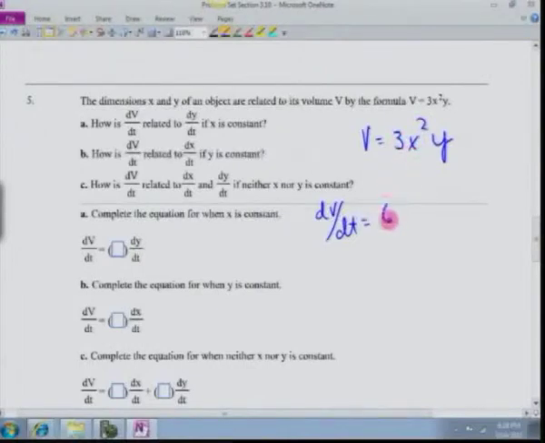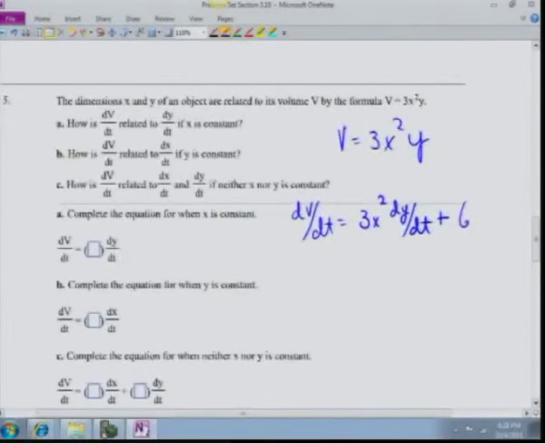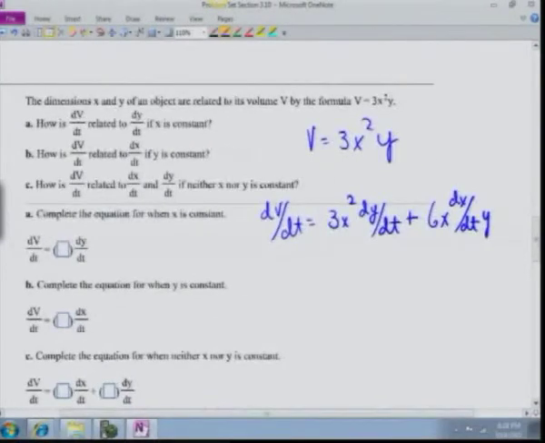We have 6x, well, we'll do it that way. 3x squared dy/dt plus 6xy dx/dt. Okay? So does everybody agree now that we've got that? All right. You were tricky.